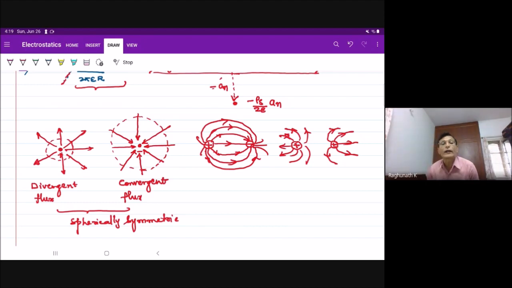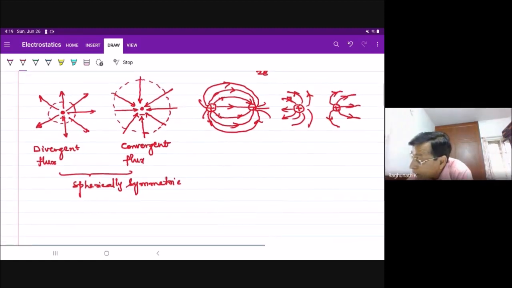For negative charge, they are reversed in their directions. You can see that the field lines are crowded at some place, right? And they are rarefied at some other points. There is no symmetry in the field in the next two cases. But still, all the fields are non-uniform.